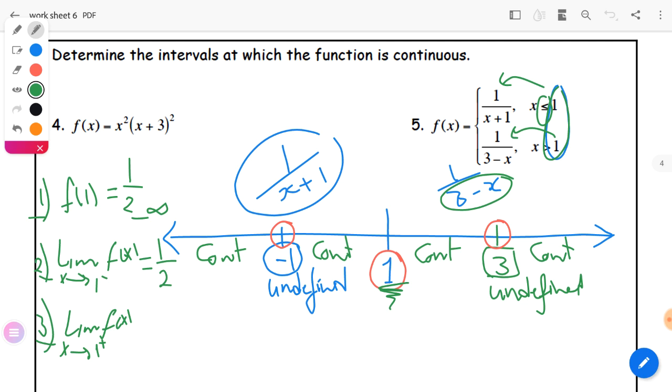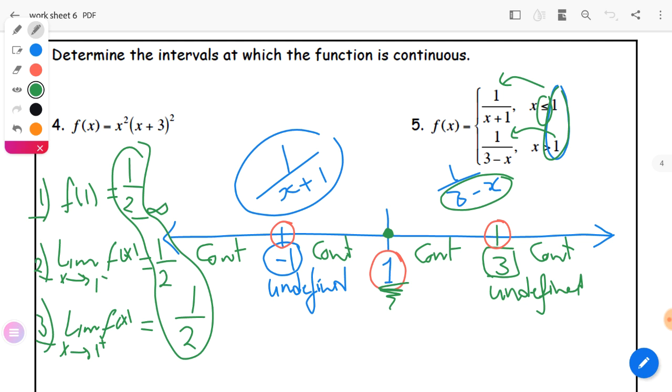Greater than means the limit from the right, it will be what? 1 over 2. Since the limit from the right equals the limit from the left equals the value of the function, the function is continuous at 1. It will be shaded, it will be included in the interval on which the function is continuous.